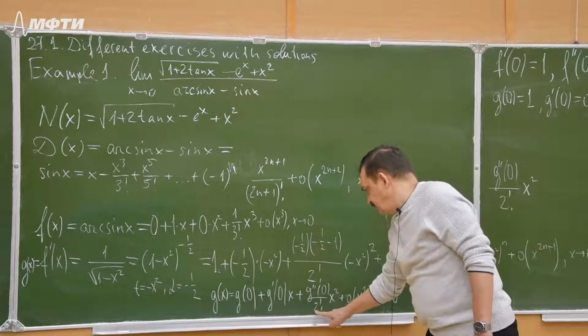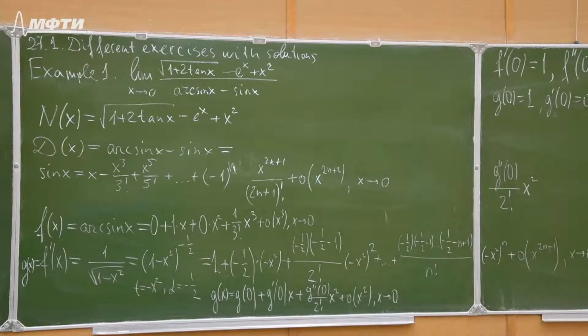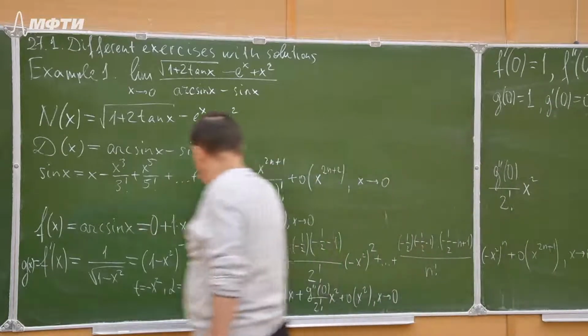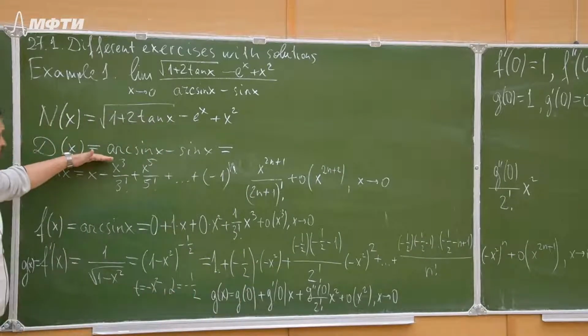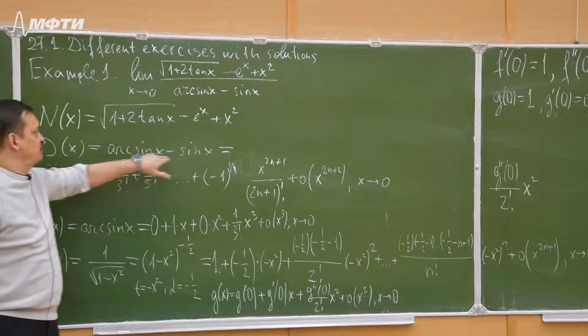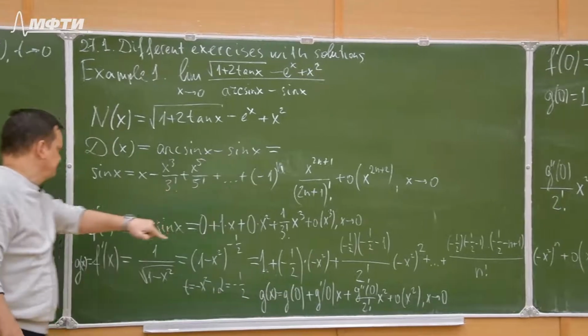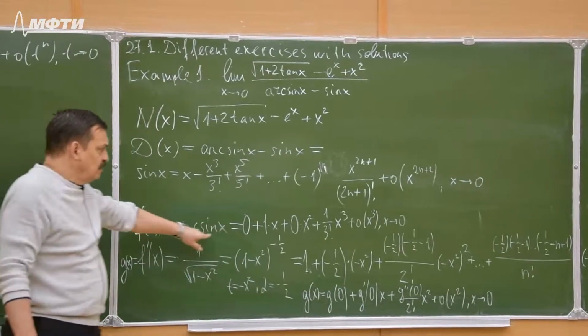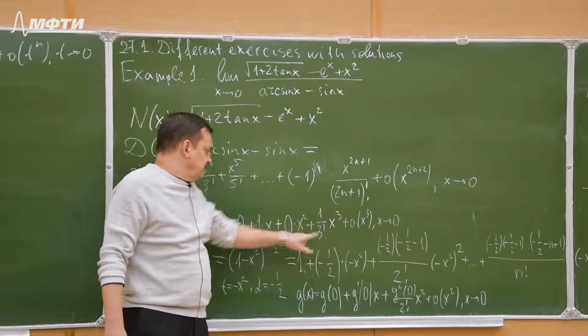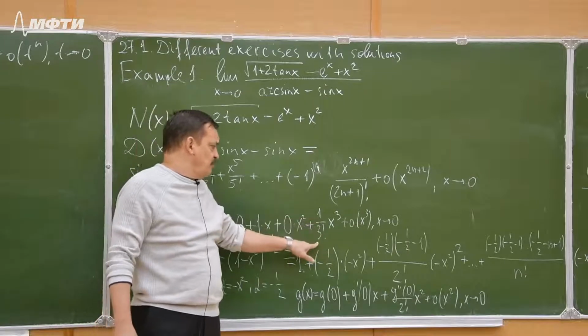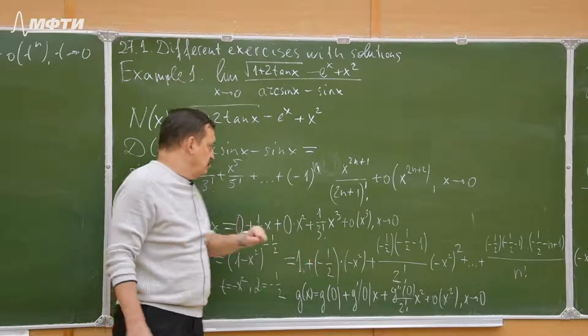Okay? So let me go back to our denominator. Look at the difference between arc sine and sine. Arc sine is written here: x plus x cubed over 3 factorial.